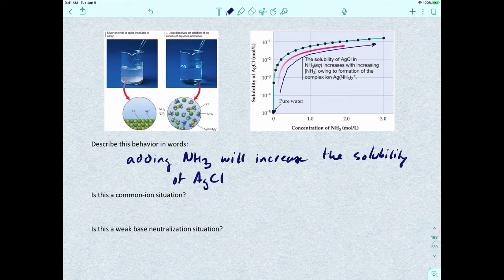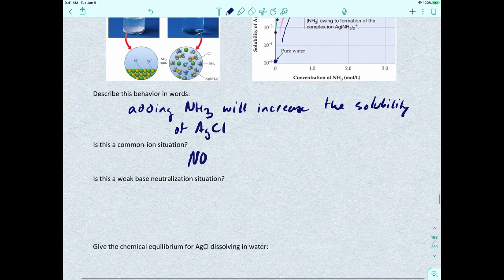Now, is this a common ion effect? No, because NH3 is not part of AgCl. Now, is this a weak base neutralization situation? No, again, because chloride ion is ignorable.